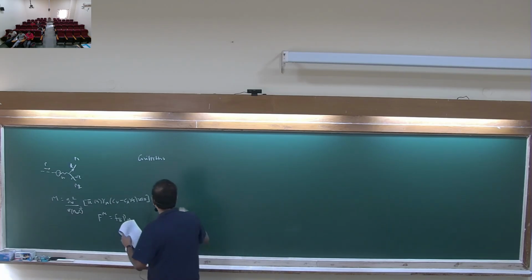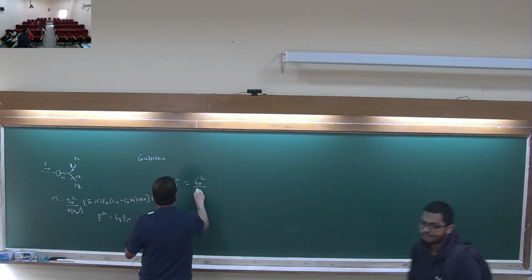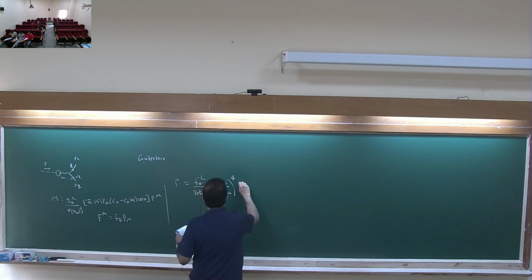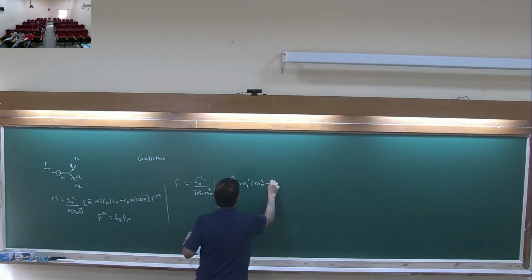And then the expression for the width with this definition is given by F pi squared by pi h bar m pi cubed and GW by 4 MW to the 4th power ML squared times m pi squared minus ML squared.